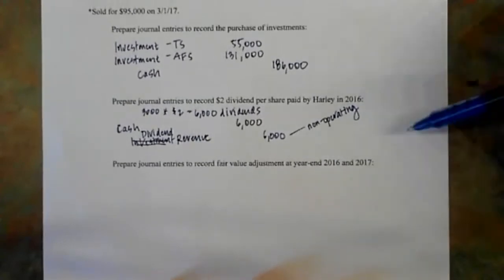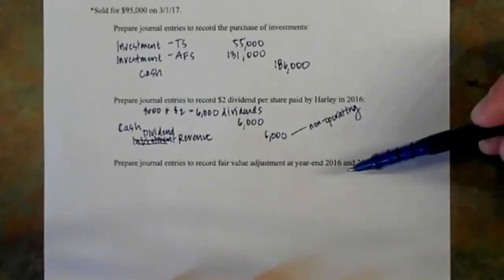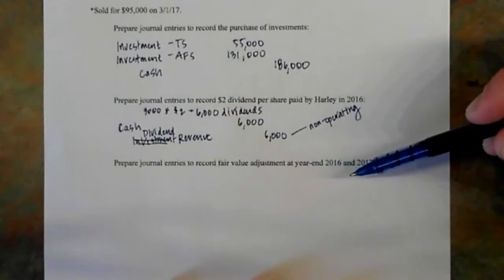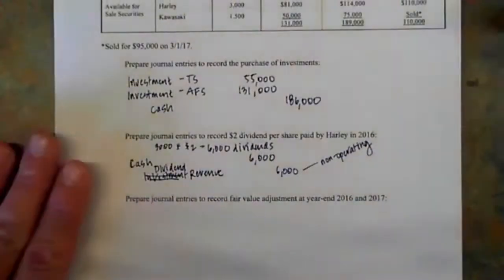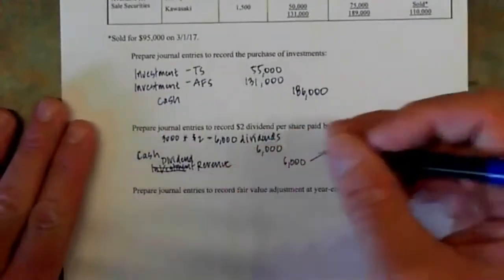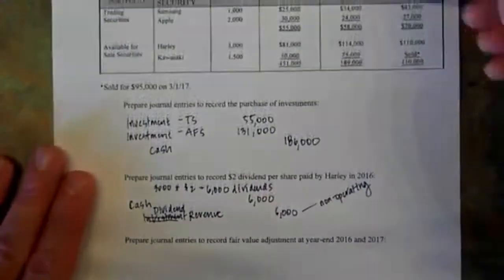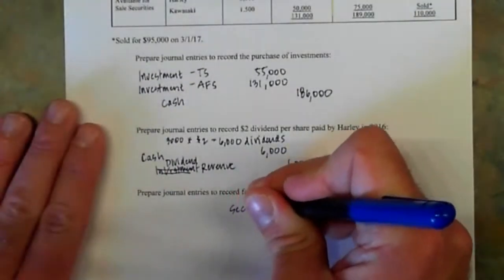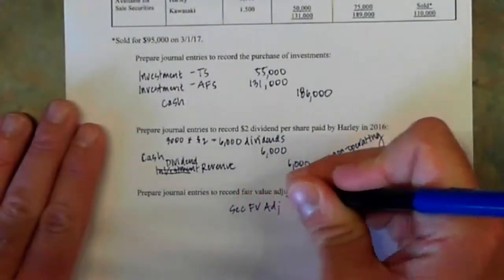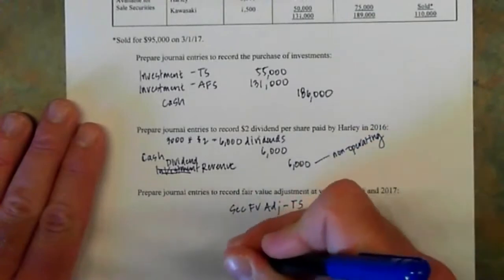Now, the next part is where it could get a little trickier. We want to prepare journal entries for the year end 2016 and 2017. So one thing to understand, again, is that in valuing a market adjustment, we are going to use a security fair value adjustment account for both.